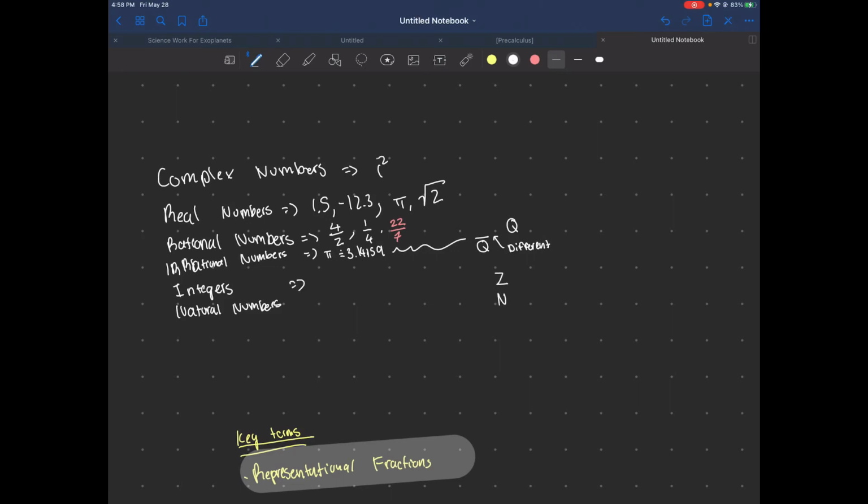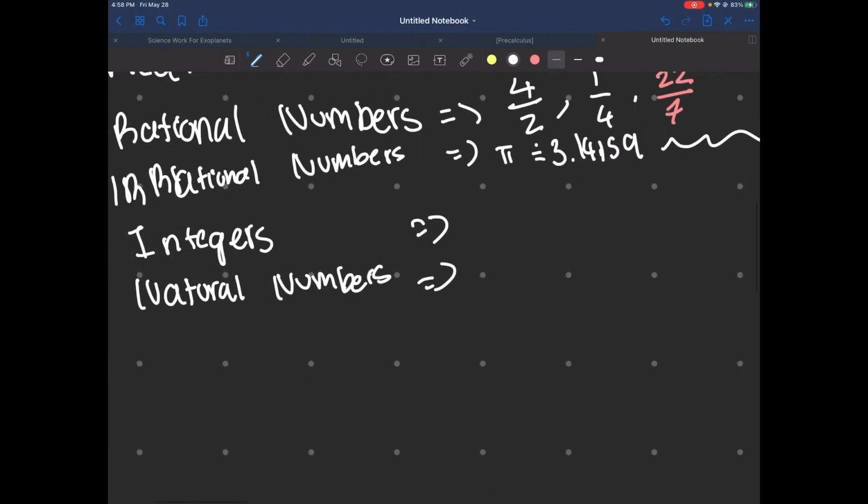So let's start. Integers are basically any whole number: negative infinity, negative 1. No zero, please don't add a zero.